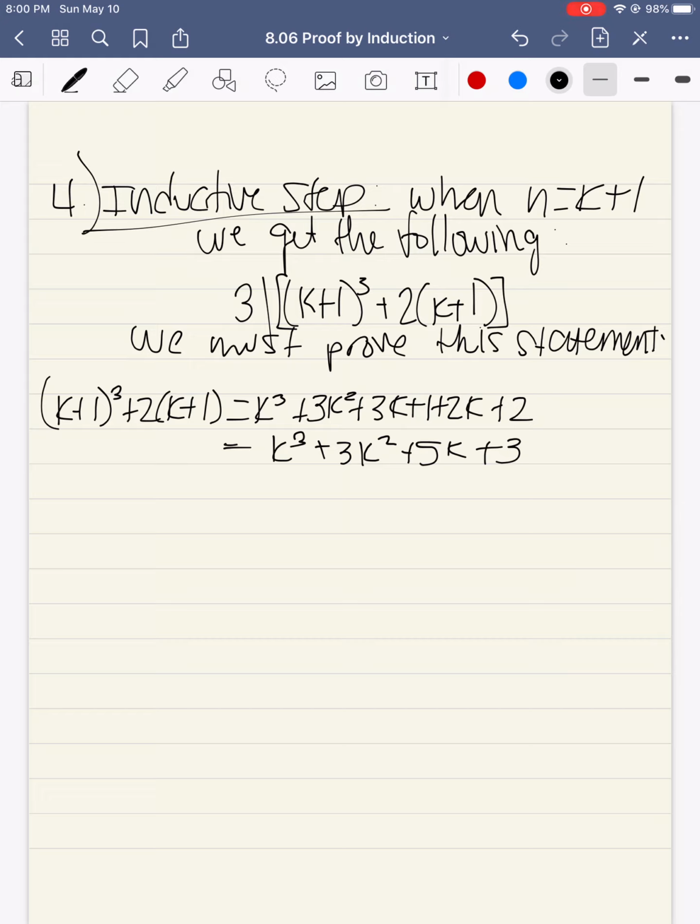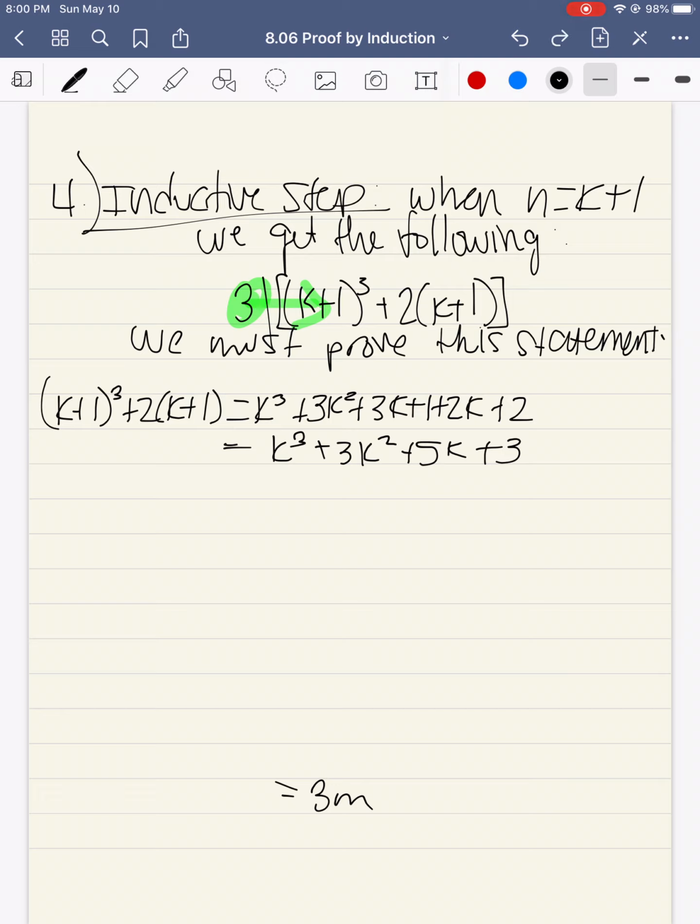And this is where it gets really nice, because looking at this here, my end goal is to try to show that 3 divides this statement. So in the end, I need to get this down to 3 times n, because that's going to give me, by definition of divisor, 3 divides this whole statement, and that's what we must prove.